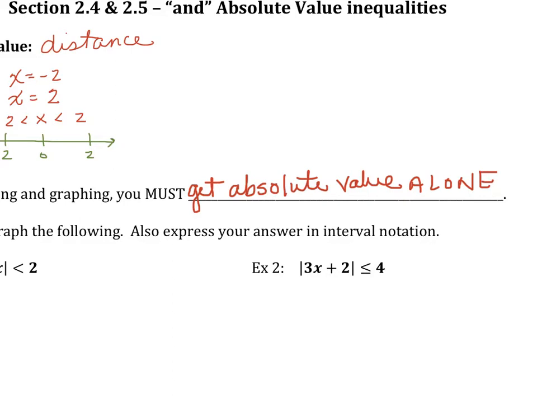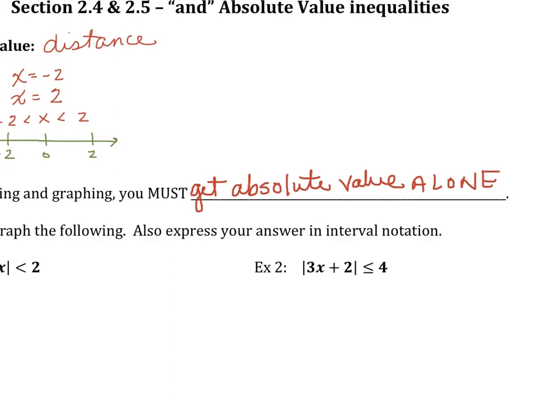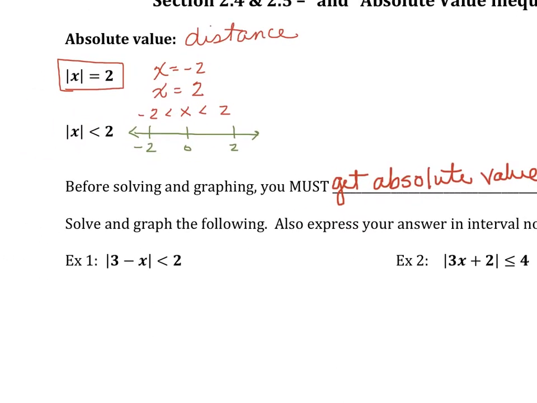When the absolute value is alone, then you can separate it. Now we have another lesson where we're going to talk about what happens when you go beyond these boundaries out that direction, but that's not for today. We're just going to stick with looking at what happens between right here. So this is an "and" problem, and in our lesson about inequalities we talked about those before.